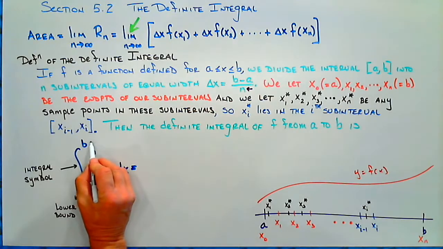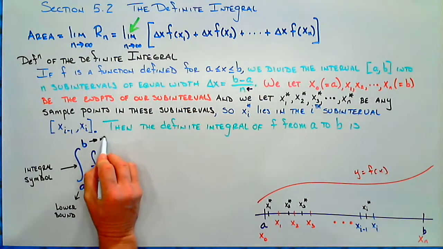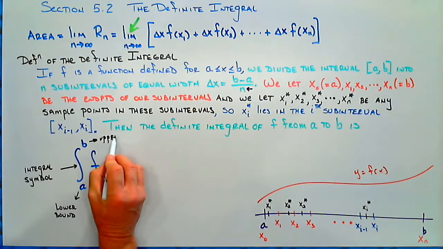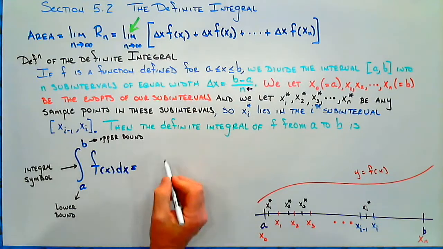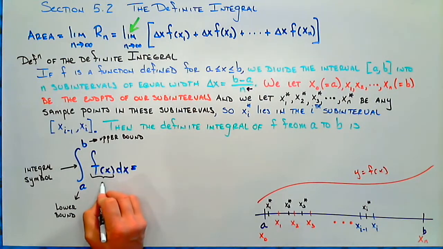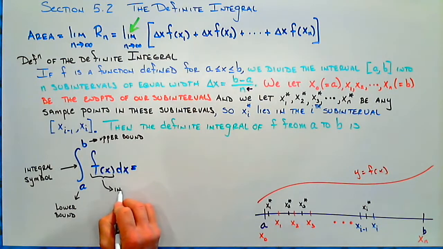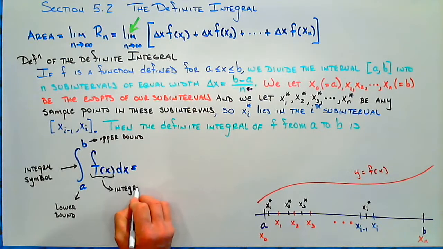We refer to b as the upper bound. The function that we're integrating, we call that the integrand. Okay.